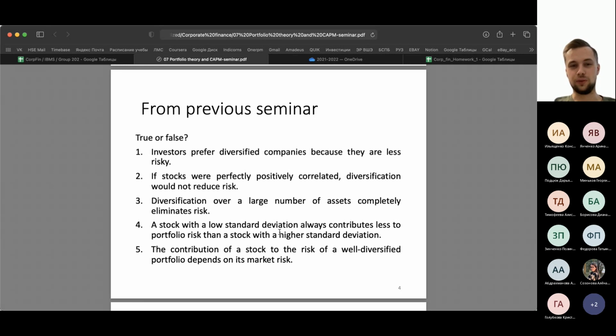Okay, what about the third one? Let me look at the chat. Daria, what do you think? The third one, right? Yeah. Well, it is false because the risk eliminated by diversification is called specific risk.